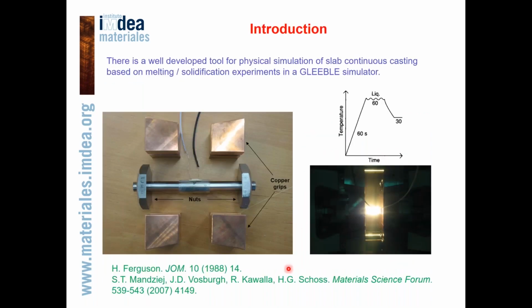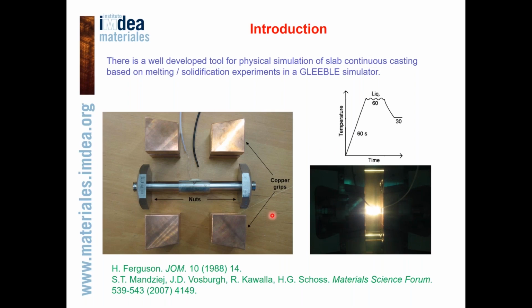In Gleeble community, we know that there is a well-developed tool for physical simulation of continuous casting. Continuous casting is a process where molten metal is solidified into a slab for subsequent rolling in the finishing mills. This physical simulation tool is based on melting solidification experiments in a Gleeble simulator.